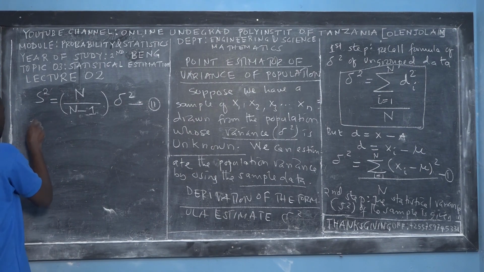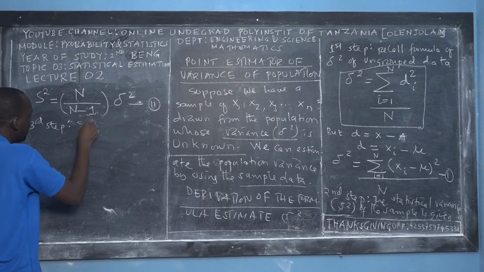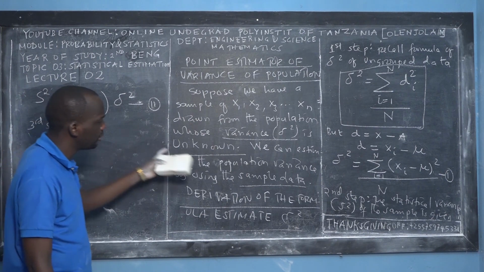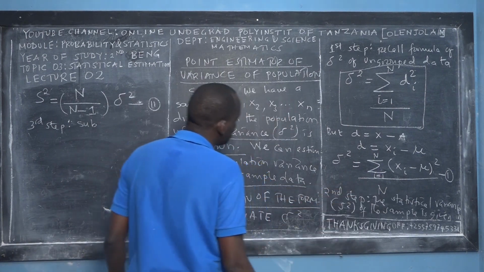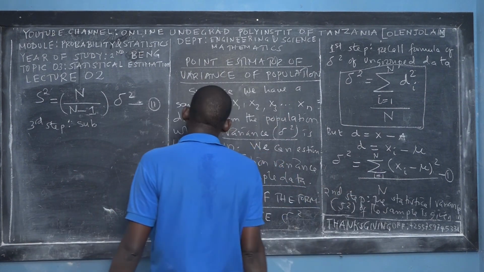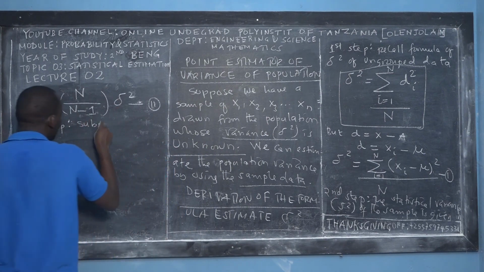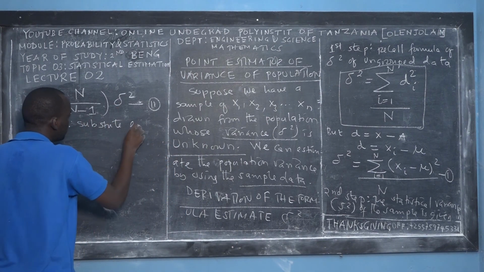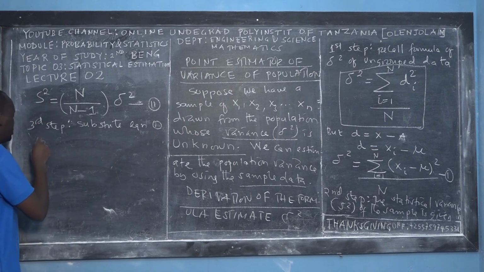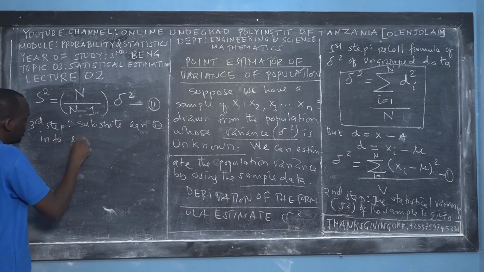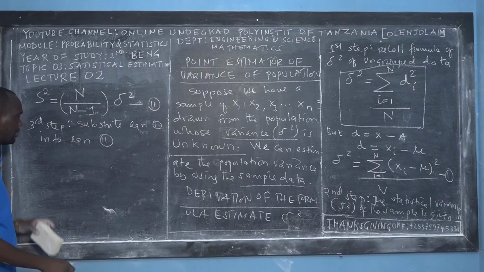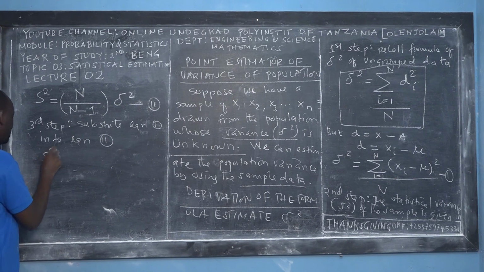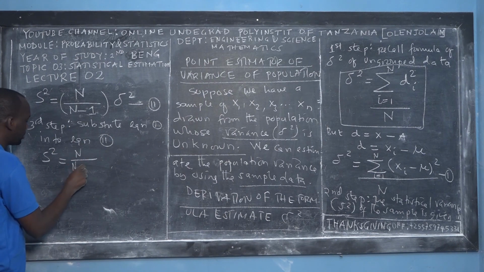Then we go for the third step. We say that there's a relationship between equation 2 and equation 1. So it means that equation 1 is a subset of equation 2. So we substitute equation 1 into equation 2. And that's how mathematics is beautiful. So the statistical variance is equal to sample size over sample size minus 1, and then times what?